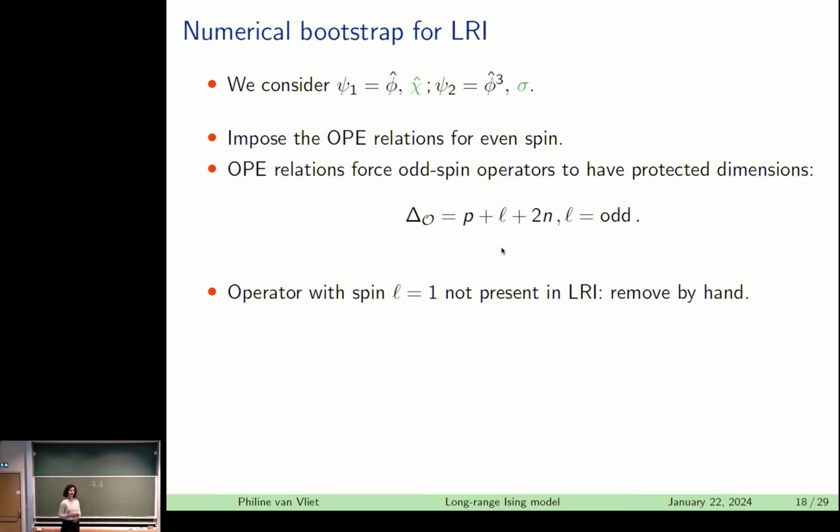Okay. There are other odd operators in the theory, but they need to have this protected. But you can show that since they don't have this protected dimension, they're not exchanged in this OPE. Yes, exactly. You can also interpret it in that way. So is this some general statement about OPEs of an operator and its shadow?